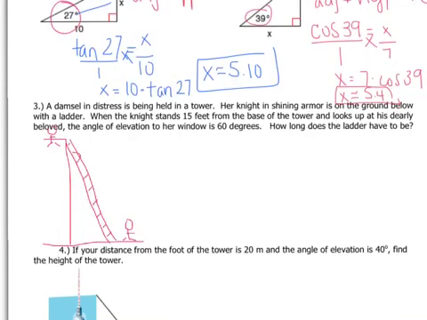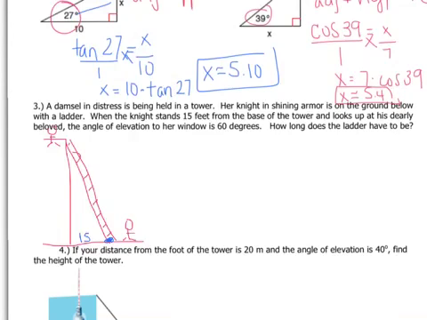When the knight stands 15 feet from the base of the tower, so let's say he's right at the bottom of the ladder, he's 15 feet from the base of the tower. And he's looking up at his dearly beloved.